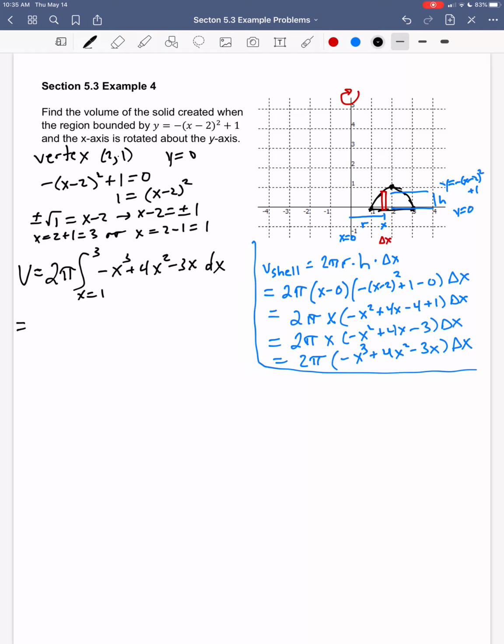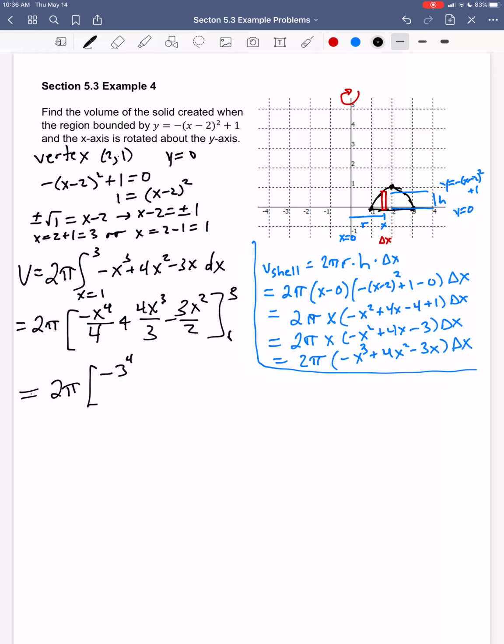So I take the antiderivative. X to the third, I go up 1, x to the fourth, divide by the new exponent. Go up 1, 4x to the third, divide by 3. Go up 1, 3x squared, divide by 2, and that's going between 1 and 3. So I plug in 3.